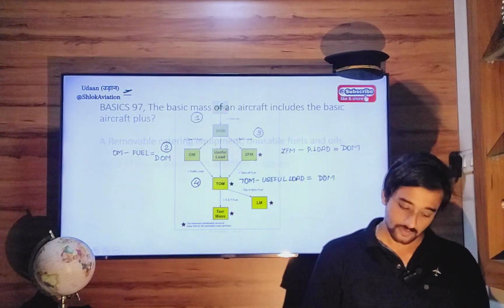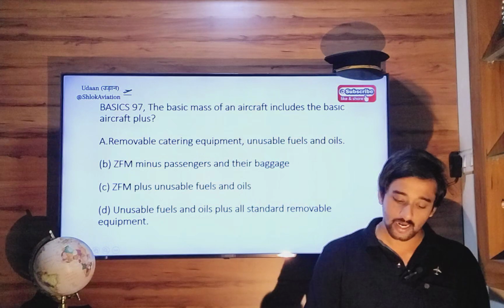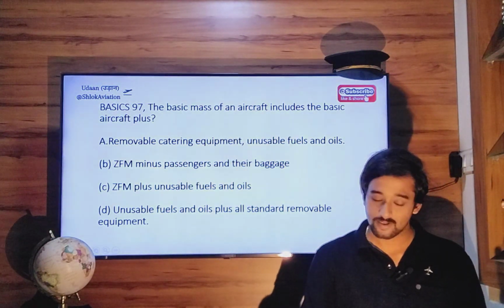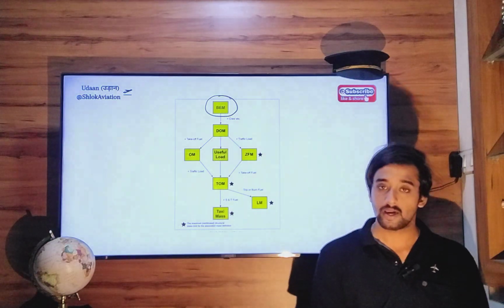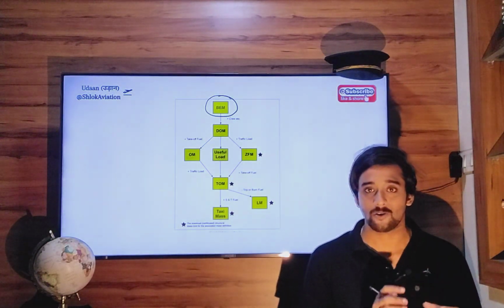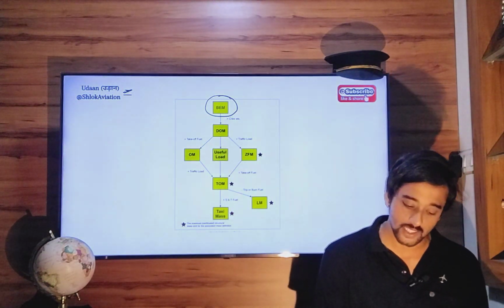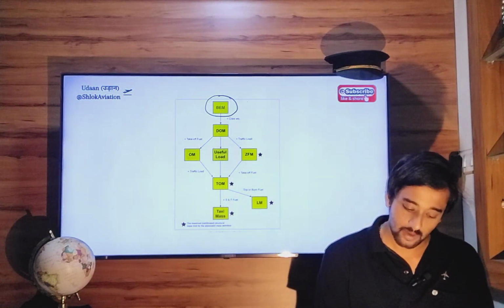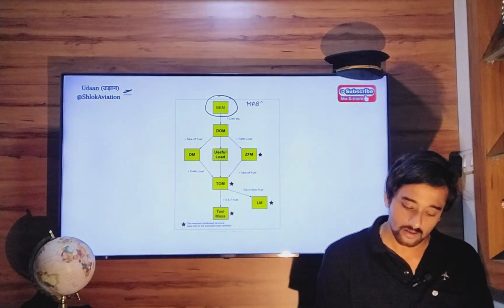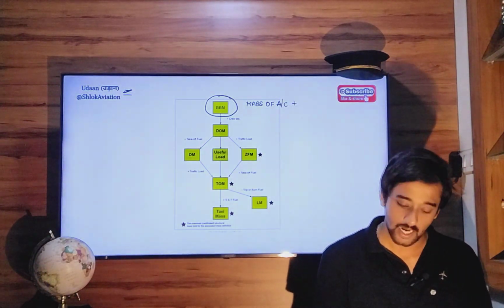Next. The basic mass of aircraft includes basic aircraft plus what? So basic empty mass is the very first weight of your aircraft. It is made of two parts. First, very simple, the mass of your aircraft, and second, the standard equipment.